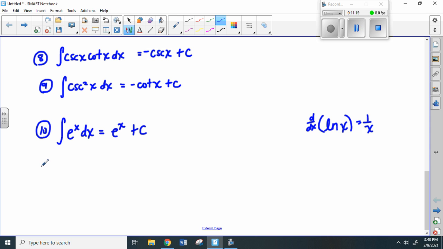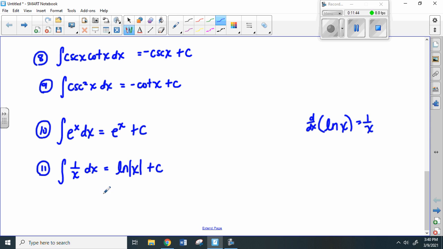So that means I should be able to start with 1 over x, and that will take me back to natural log of x. Now, you do have to put absolute values around the x just because you can't take the natural log of a negative number. So you always put the absolute value around it when you work it in this order. And then you need your plus c.